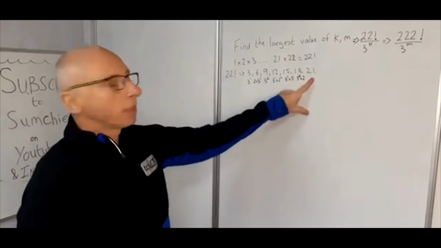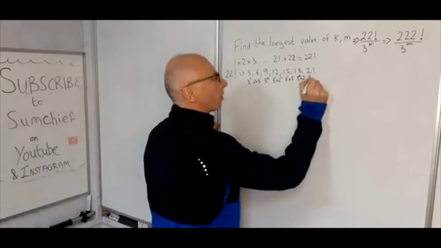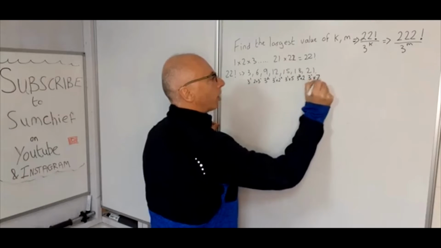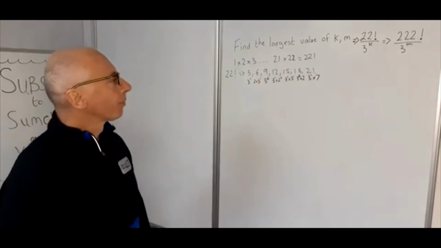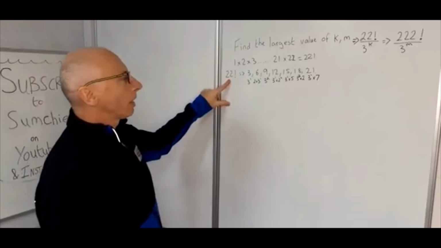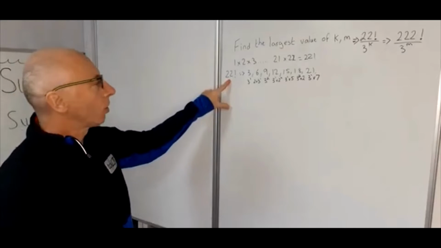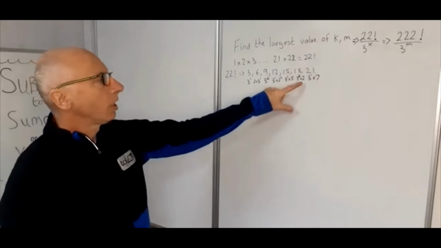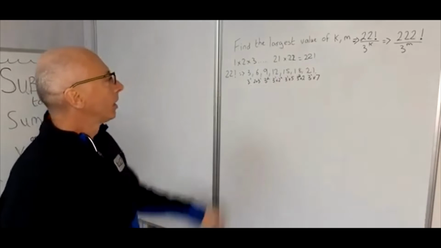And now we've got 21, which is 3 to the power of 1 times 7. Okay, so we've broken down the prime factorization of 22 factorial, where it involves a divisor of 3.